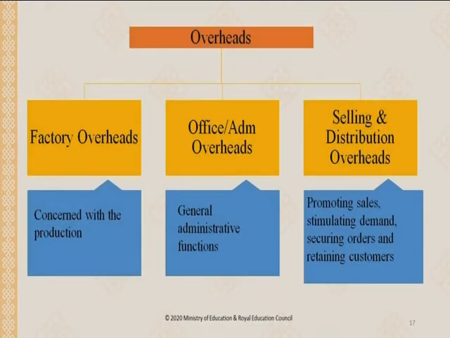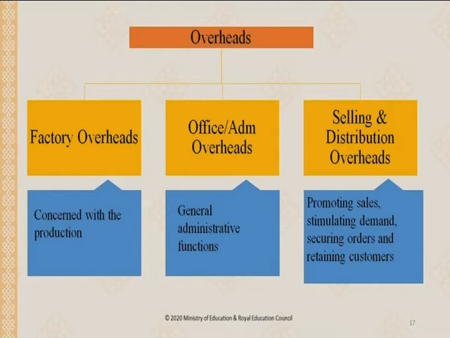Overheads we have basically three, as I have already mentioned in my lesson: factory overheads, office and administrative overheads, and selling and distribution overheads. I have already explained them, I'll just run you through. Factory overheads are those overheads which are concerned with the production of goods and services. Next we have office and administrative overheads, which are related with the general administrative functions, for example implementing the policies, planning and controlling, motivating the staff or employees and so on.